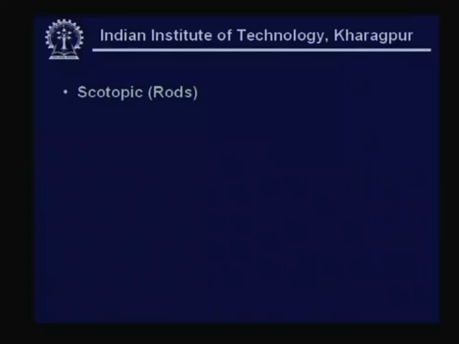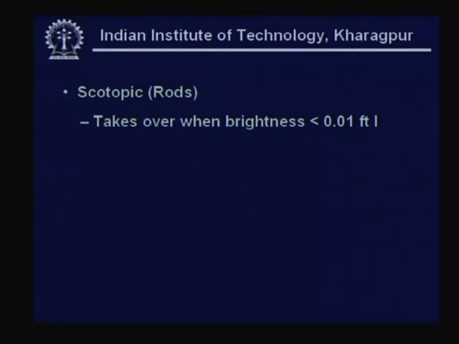Rod vision is what we call scotopic vision, and it takes over whenever brightness is less than 0.01 foot lamberts. We said cone cells have low sensitivity below 0.01 foot lamberts.